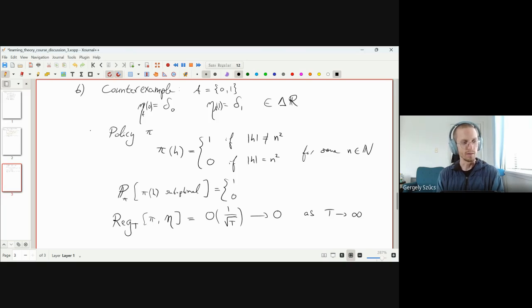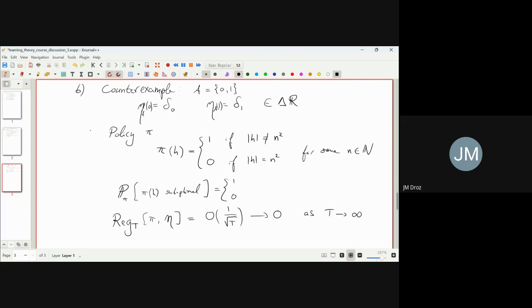But yeah, maybe if we have some upper bounds on the expectation of arms, then this becomes more likely, because you might be pretty sure that your arm is near optimal at some point.